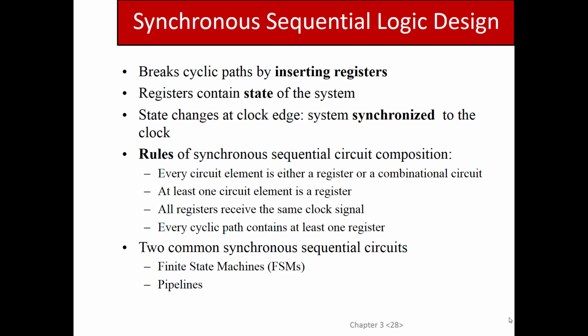Sequential logic is used whenever you need to take a combinational logic circuit and break it up into multiple clock cycles. This is something you probably talked about a little bit in 212, but in the last chapter we talked about propagation delay.